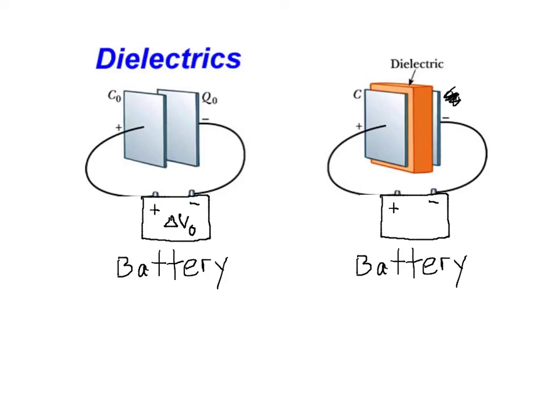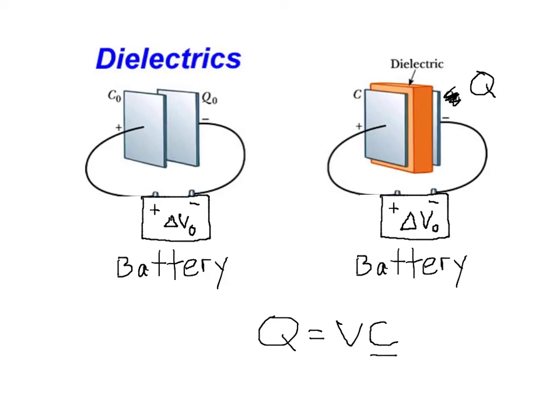So I'm going to get rid of this Q naught. We don't have that anymore. We have some new Q value, and that's because we cannot change the potential difference across that capacitor since we're still hooked up to the same original voltage we had before. So now when we look at the Q equals V C relationship, it's applied a little differently.